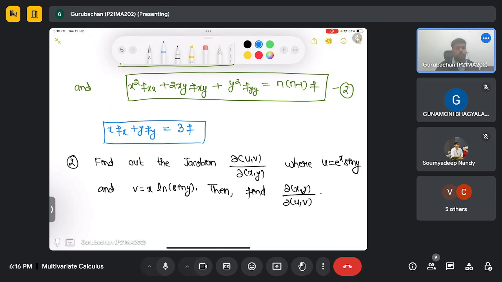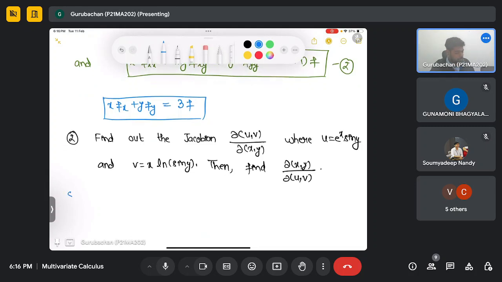So what is the formula of Jacobian first of all? Del uv over del xy is equal to the determinant of del u over del x, del u over del y, del v over del x, del v over del y.